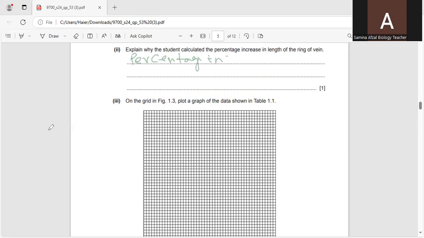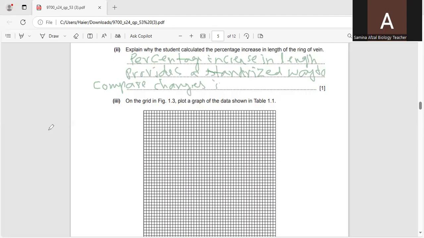Percentage increase in length provides a standardized way to compare changes in lengths of different vessels. Okay, so in this way, we can write the answer.